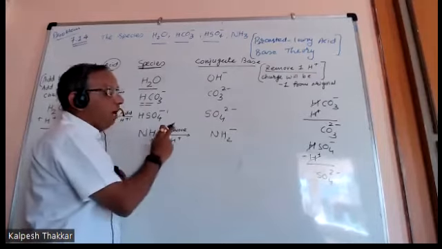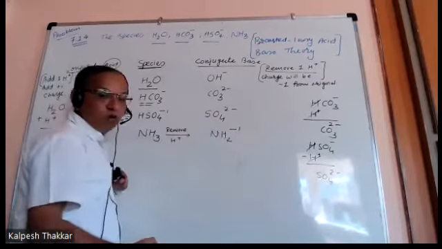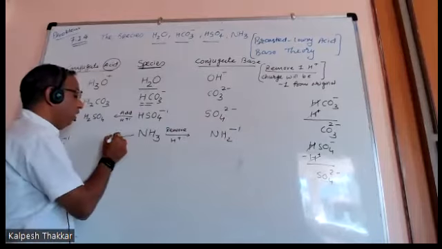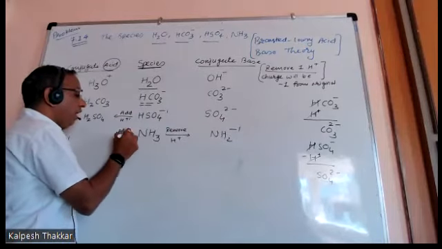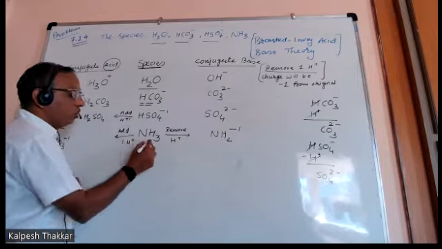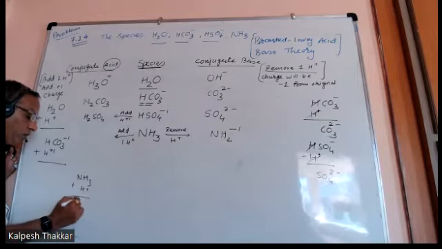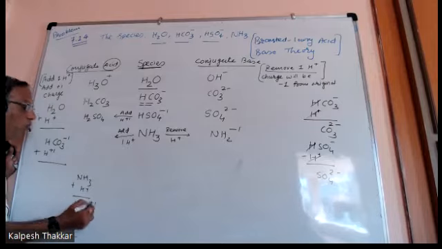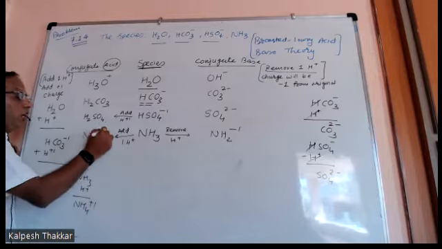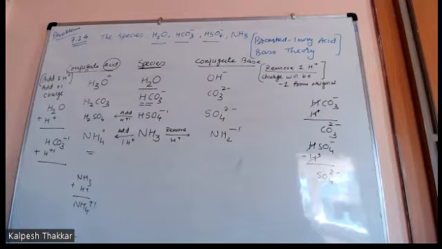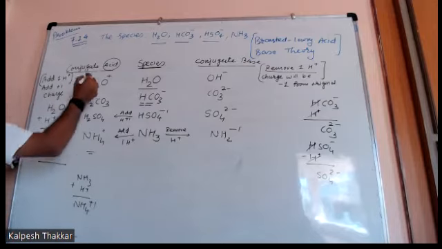Charge was 0 and 1 is subtracted, so 0 minus 1 is minus 1. Similarly, here add one H plus. So NH3 plus H plus will become NH4 plus. So NH4 plus. So you can see, friends, here your answers are there.